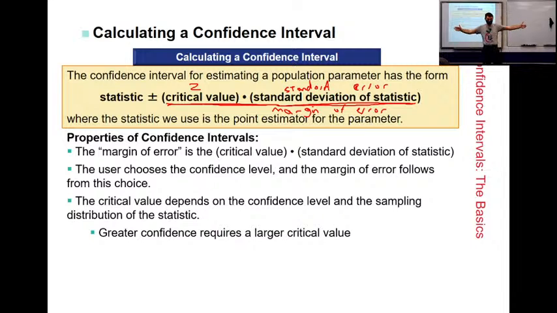So 99 is going to be wider than 90, and that comes from the fact that the z-score I choose is going to be larger because I'm farther away from the mean at 99% than I am at 90%. So a wider interval for a larger confidence level.